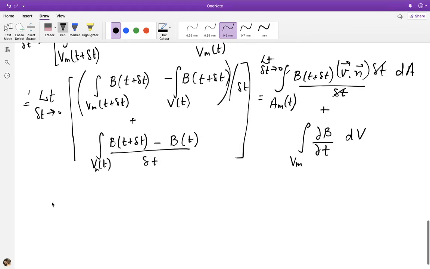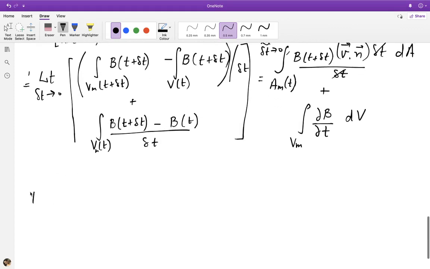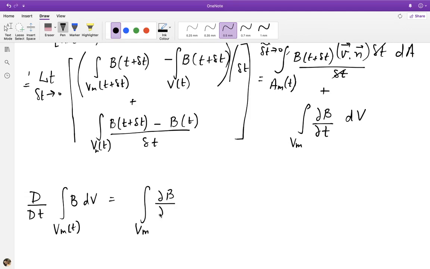So what I have ultimately is the following result: the material derivative over the moving material volume of b has two parts. One is the volume integral of the local time derivative, plus a surface integral of b times v dot n.